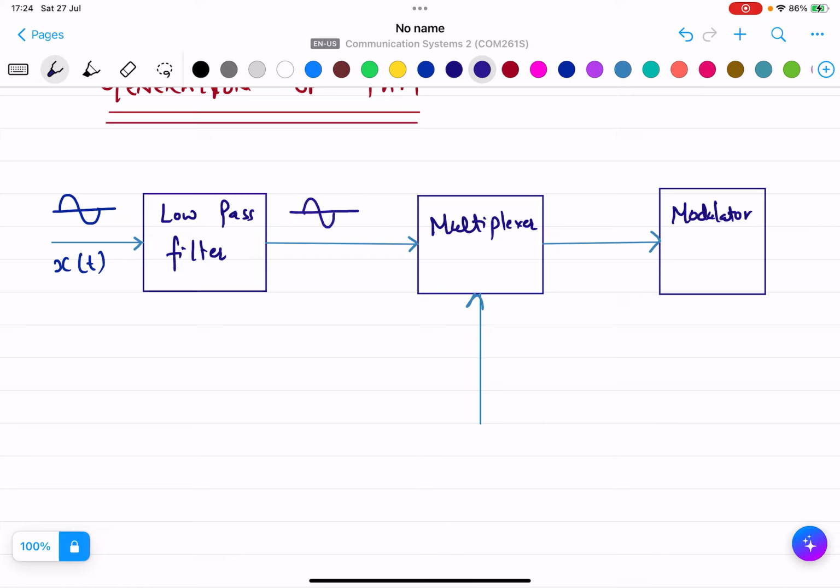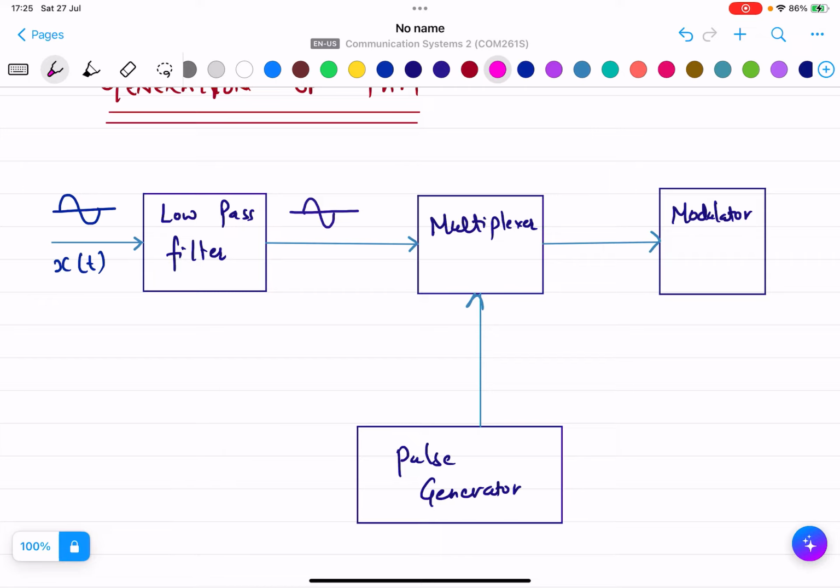What does this low pass filter do? It will limit the bandwidth, and then it will multiply with the carrier signal c(t). Here I can make another block, which is the pulse generator, generating the pulse.